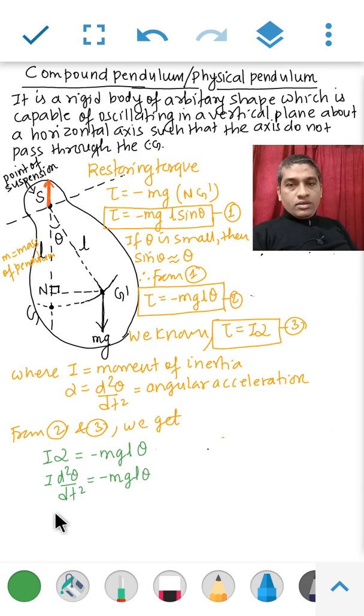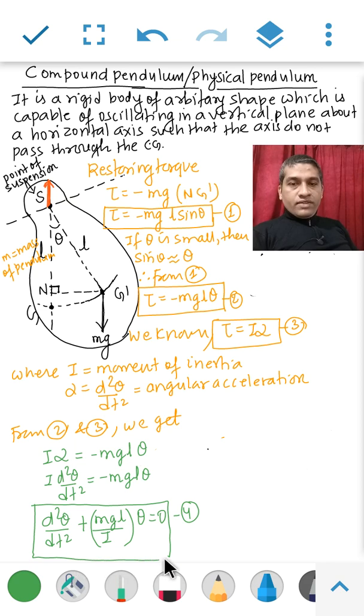On rearranging, we can write d square theta by dt square plus (mgl by I) theta equals 0, and this is relation number 4. We are getting a differential equation, a second order differential equation in terms of theta.